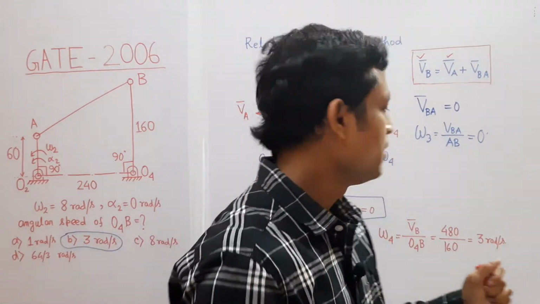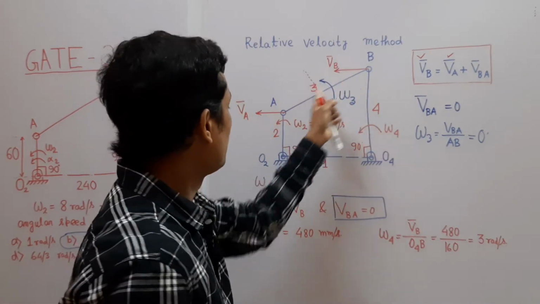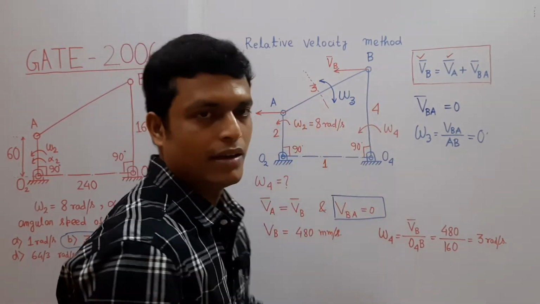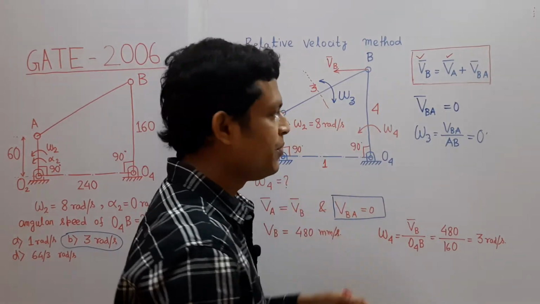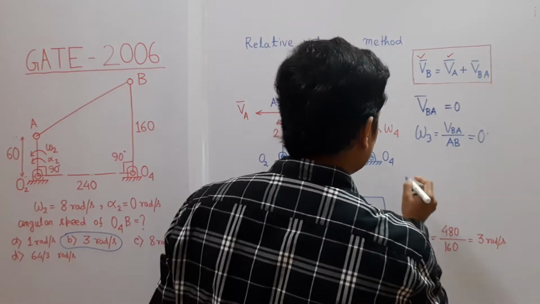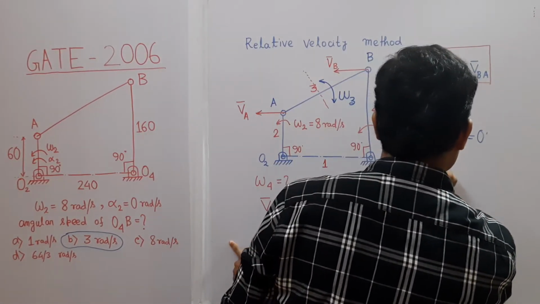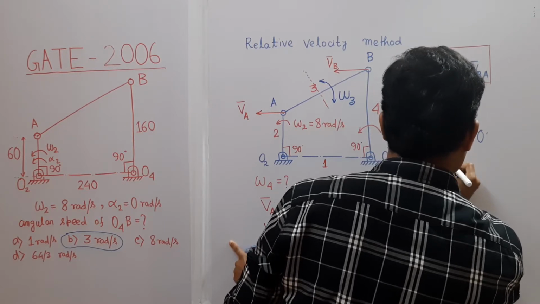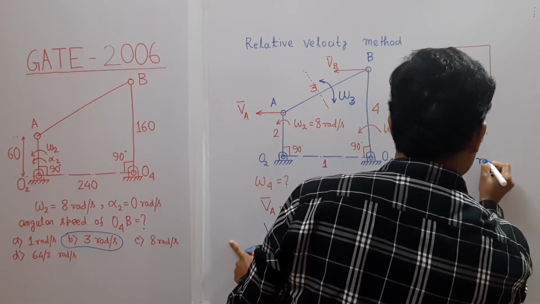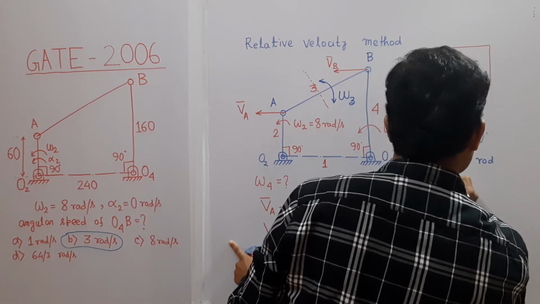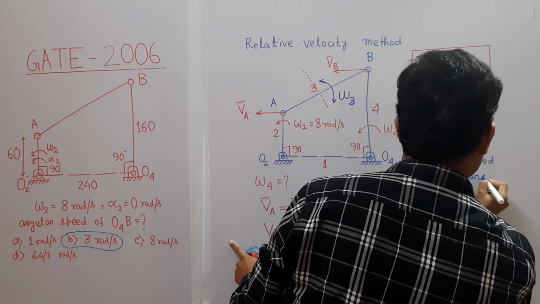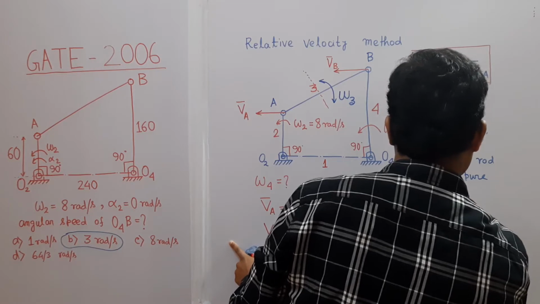That means the connecting rod AB is in pure translation. So at this instant connecting rod AB is in pure translation.